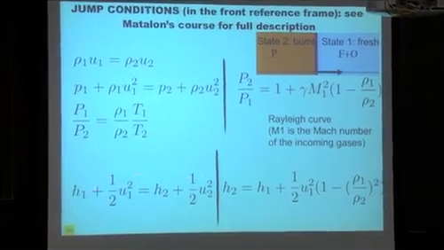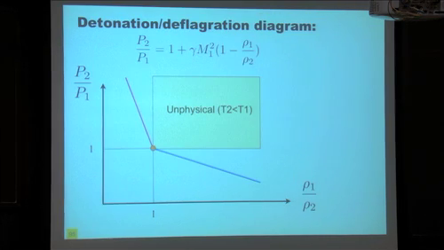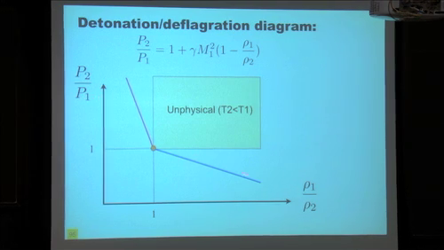If you write the conservation of enthalpy, you write an equation like that one, and then what you can do is to look, for example, at this first equation, and you can plot in the diagram the ratio of pressure, pressure in the fresh gases, pressure in the burnt gases, and this is the density ratio, density in the fresh gases, density in the burnt gases. This thing is just a line in this diagram depending on the Mach number.